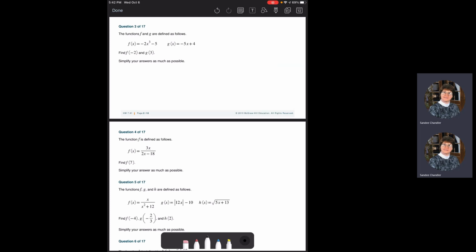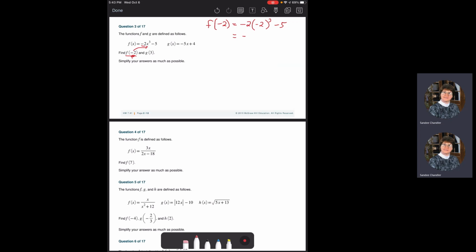All right, so in our first function, it's called f of x equals negative 2 x cubed minus 5. And they want us to put the negative 2 in for x. So f of negative 2 equals the negative 2 that's originally in the problem times the x, which is the negative 2 they're telling us to put in, negative 2 cubed minus 5.